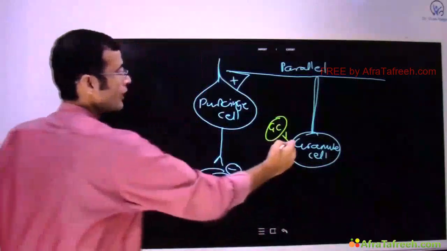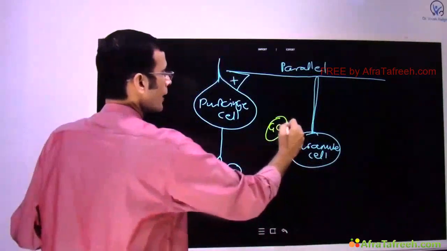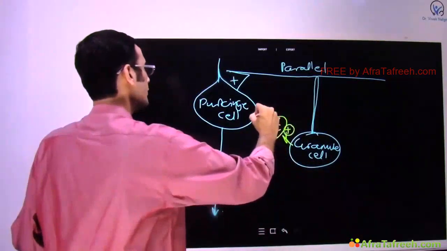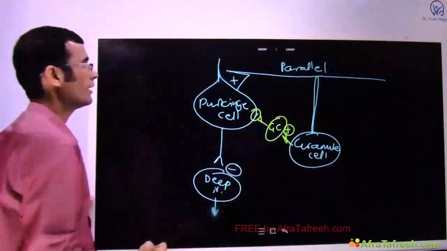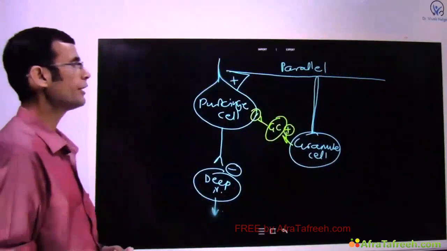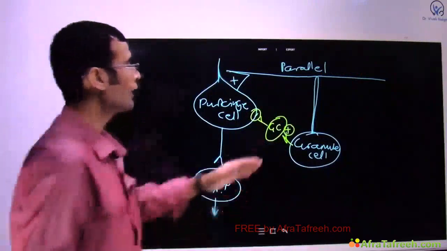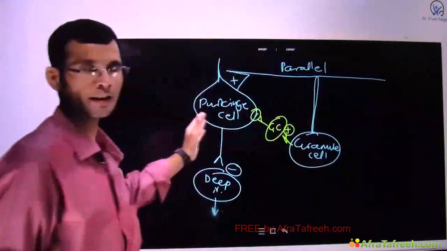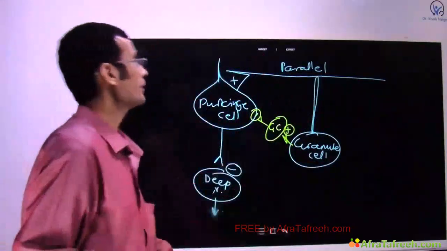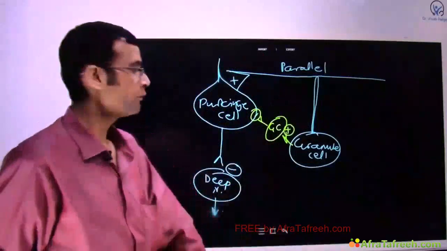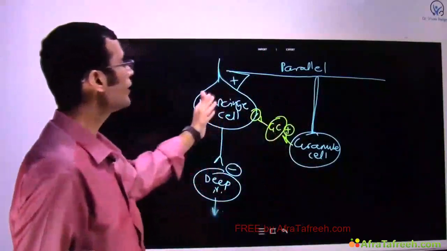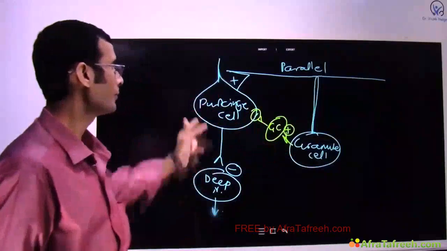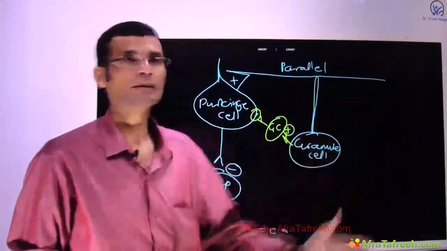So the granule cell will excite the Golgi cell, and the Golgi cell will in turn inhibit the Purkinje cell. Now this would be called feed-forward inhibition. The granule cell is going to excite the Purkinje cell directly, but even before that, via a short inhibitory interneuron like the Golgi cell, it inhibits the Purkinje cell.